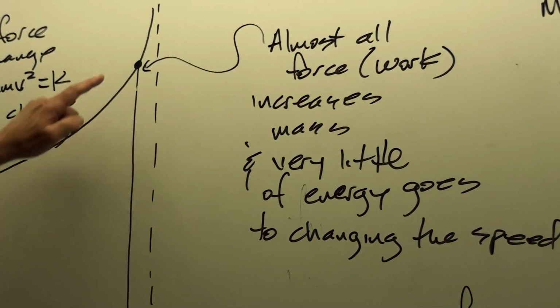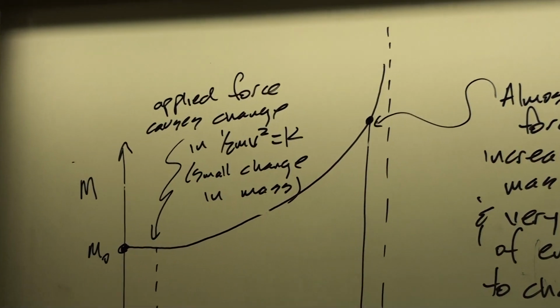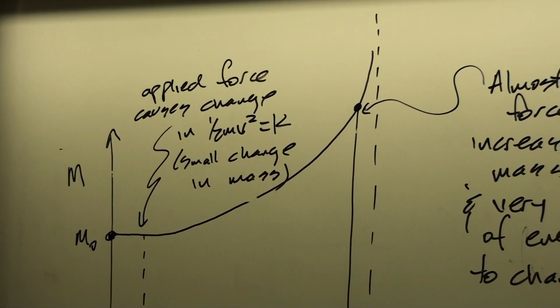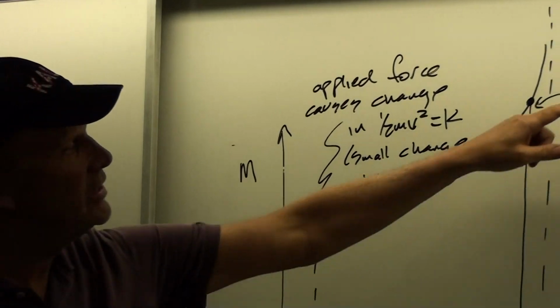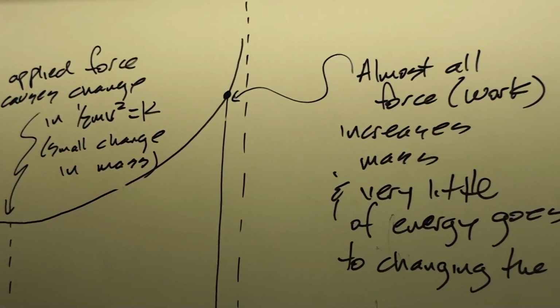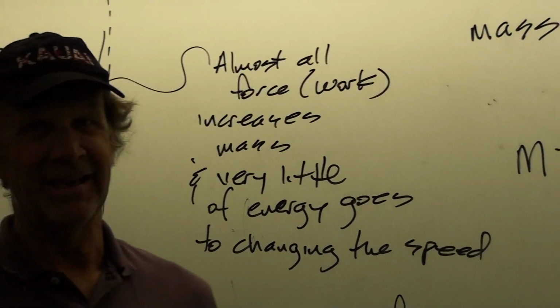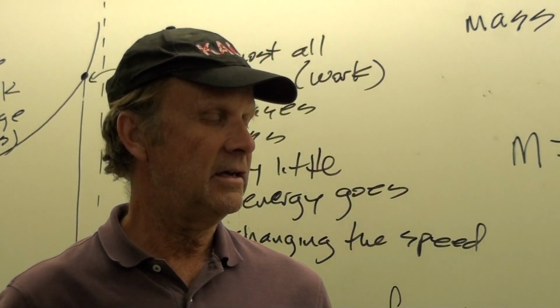So this is in our relativistic limit. As the velocity becomes close to the speed of light, then almost all of the energy goes into increasing the mass.